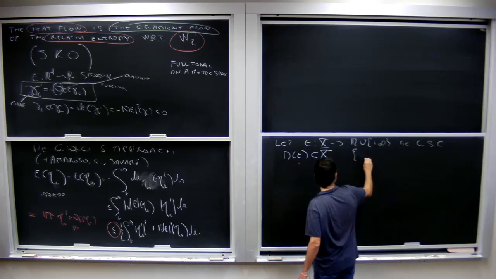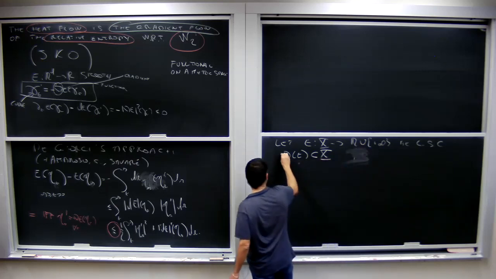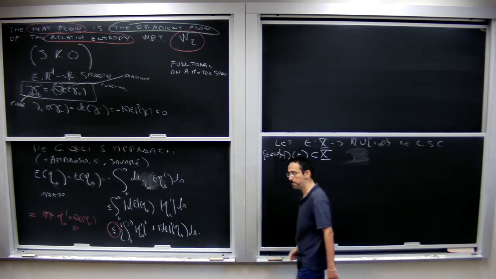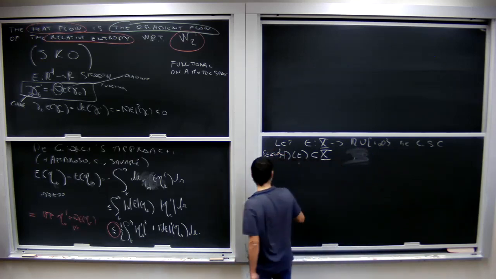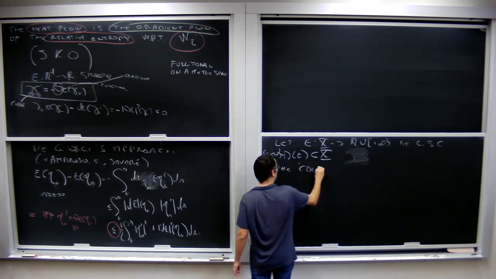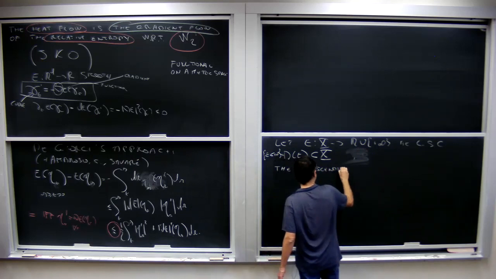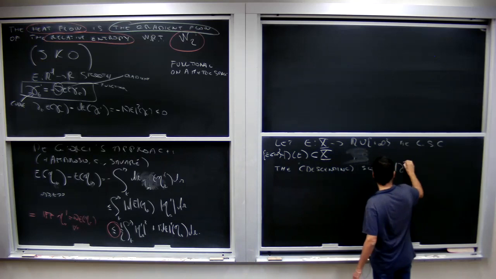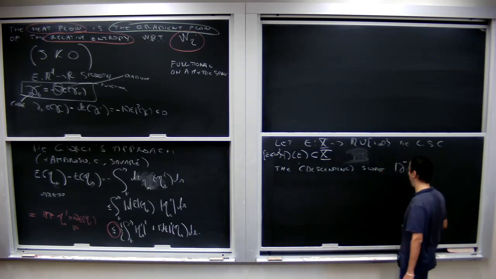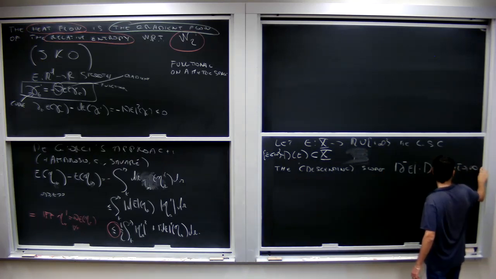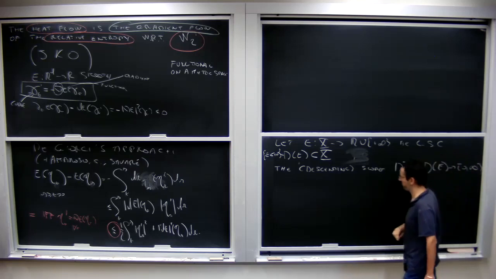This is the set where E is finite. Okay, and I define the descending slope, which is a functional defined from the domain of the energy to non-negative values. And this is defined as this.